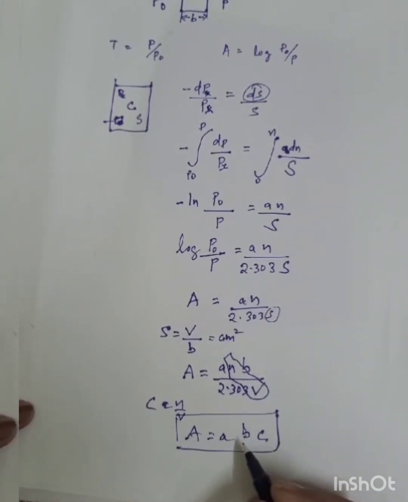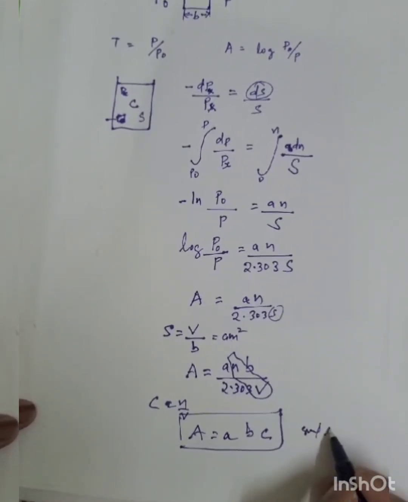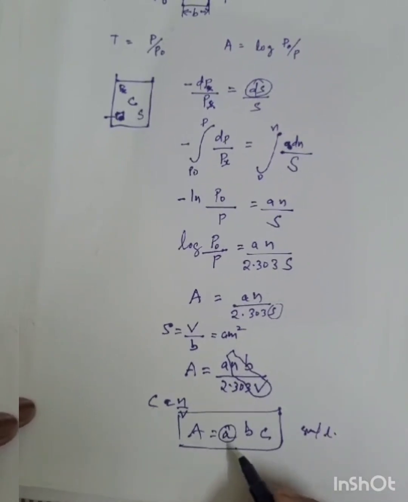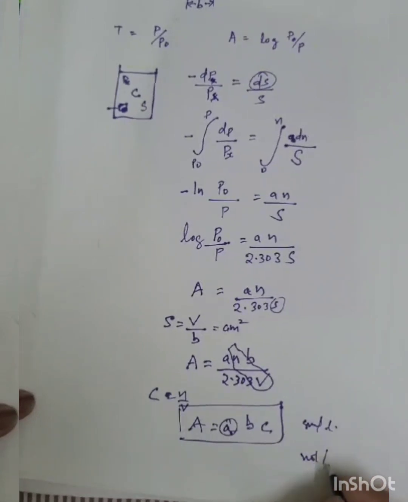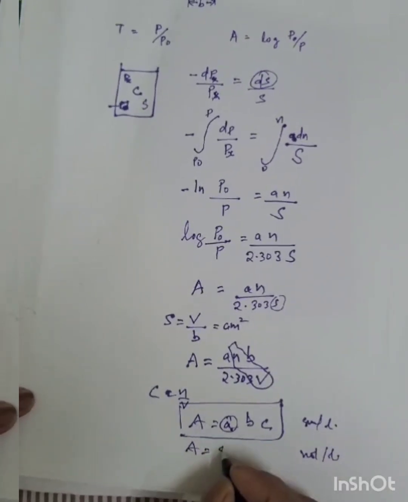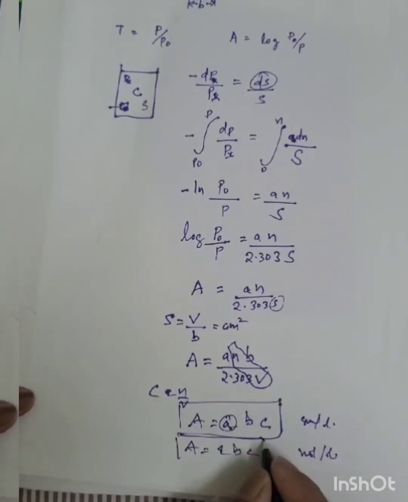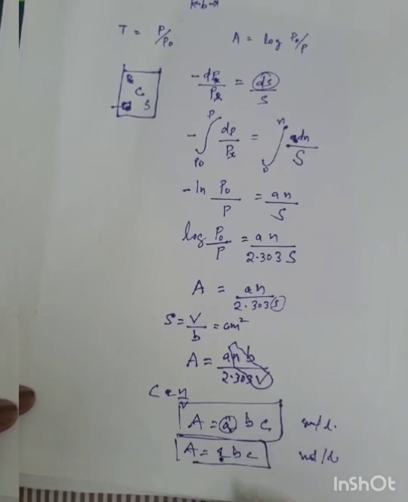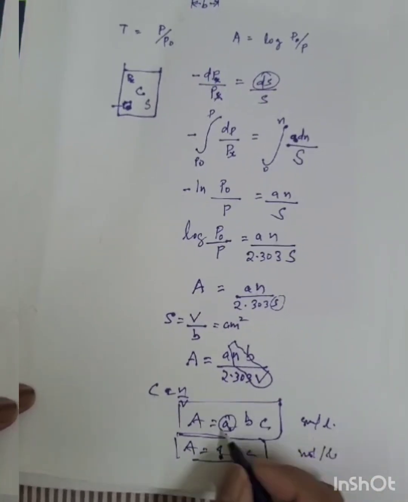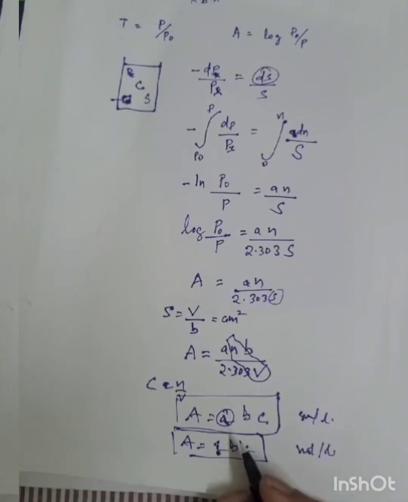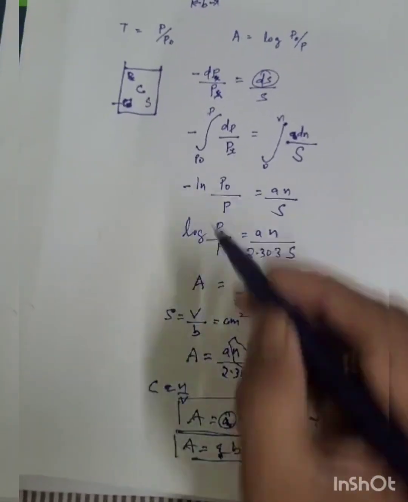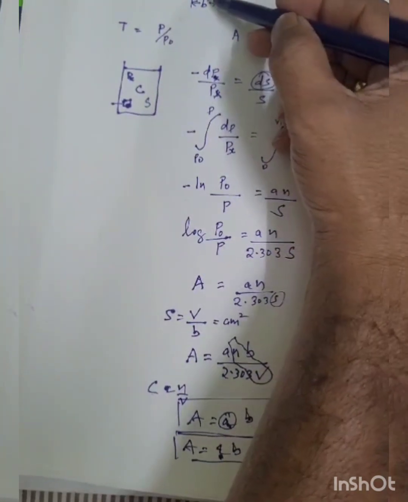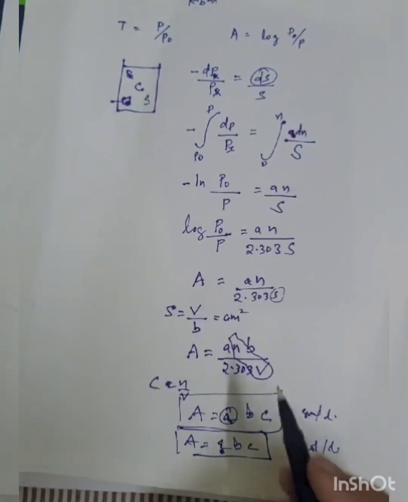When I represent the concentration in grams per liter, this constant is called the absorptivity constant. And when I represent it in moles per liter, A is equal to epsilon b c, where epsilon is called the molar absorptivity constant. So absorbance is equal to absorptivity times path length times concentration c.